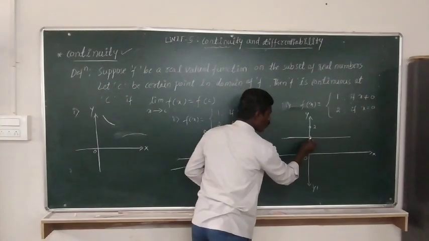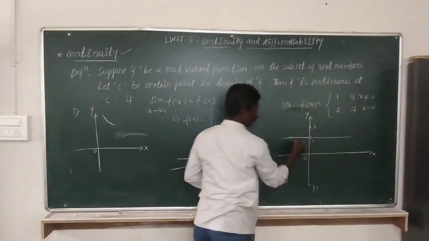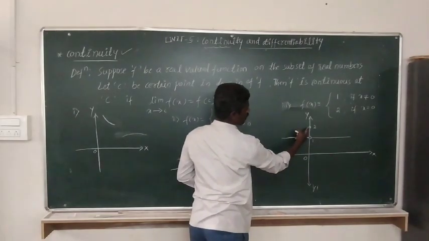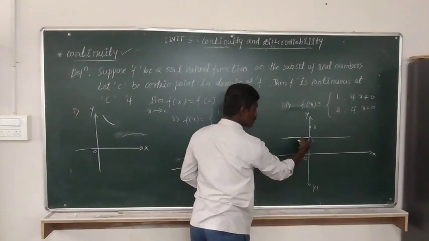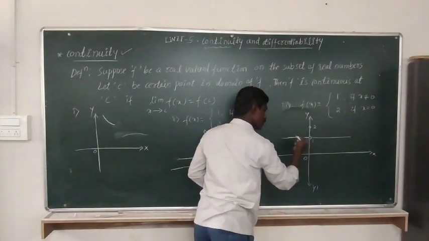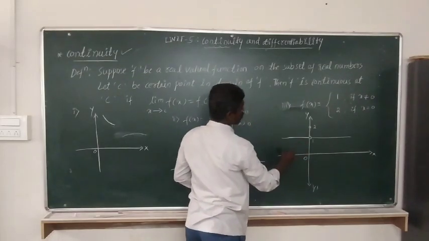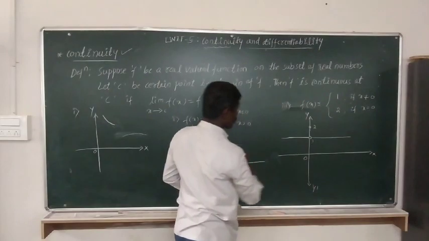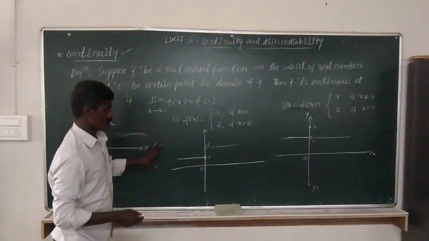Here it has a hole, and when x equals 0, exactly, the value of the function is 2. Hence, here it has a hole, meaning we can't draw the graph in one sweep. This is also called a discontinuous function. Okay, so these are the 3 examples. The functions are discontinuous.